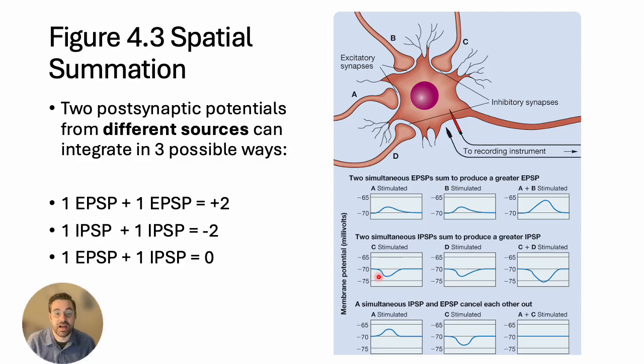This can also work for IPSPs. So this one's going to inhibit, this one's going to inhibit as well, C and D, and they're going to get added up, and now we're even more polarized. If I get an EPSP and an IPSP, they're going to cancel out. +1 -1 ends up with 0. Cool? So these all get added up.